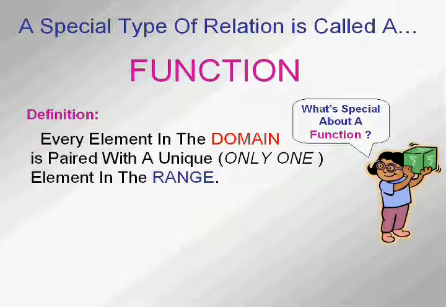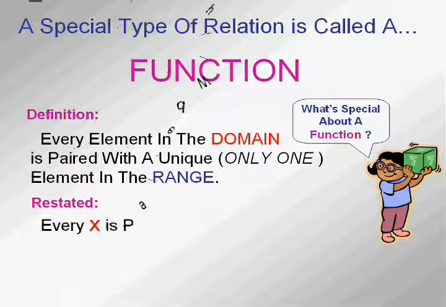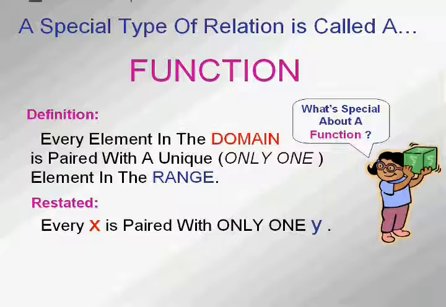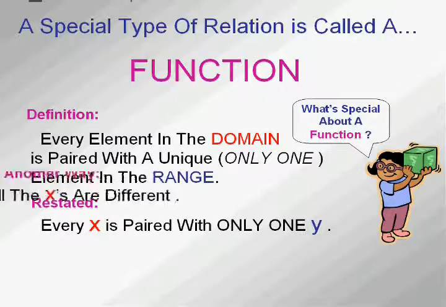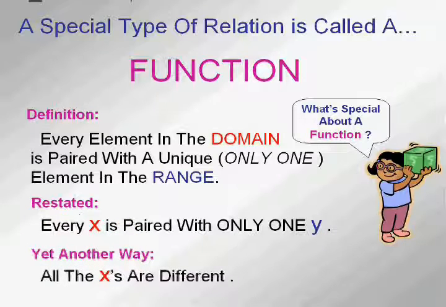In other words, every element in the domain gets only one element in the range. Saying that another way, every x is paired with only one y. If you still have trouble, we say, as long as all the x's are different, okay?